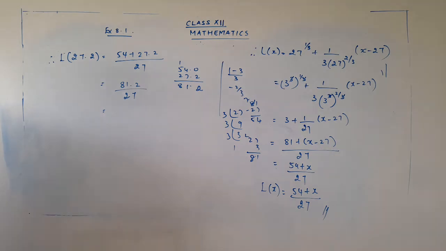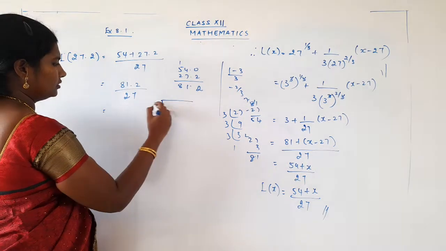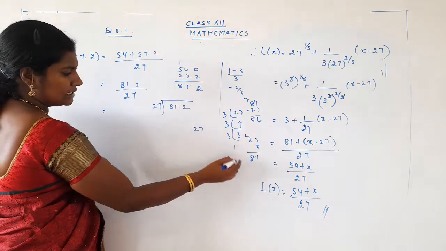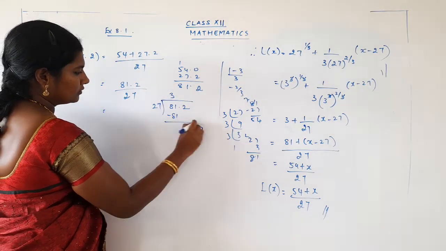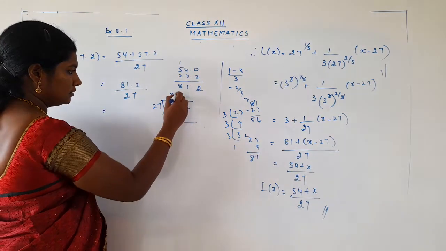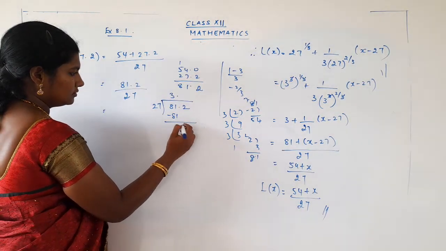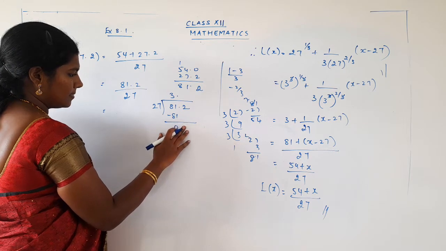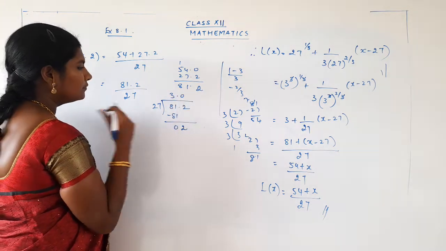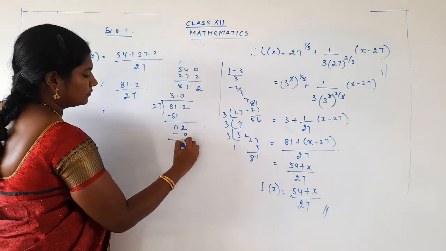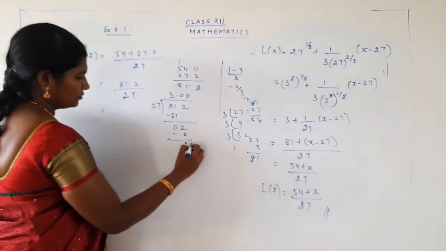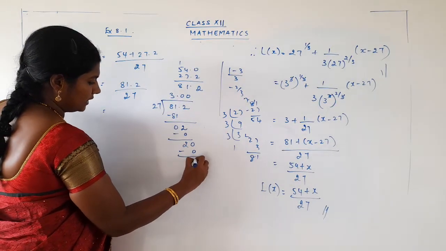So we are just going to simplify this further. 27 and this is 81.2. 27 3s are 81, 0, will not go, so 0. I put 0, again I'll get 0. Again I put 1 0.